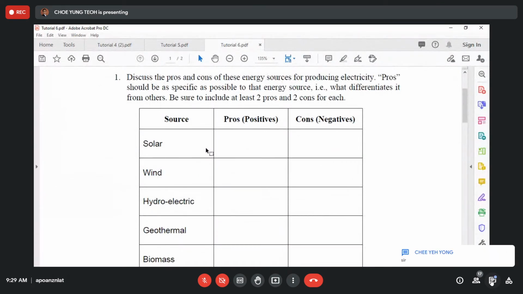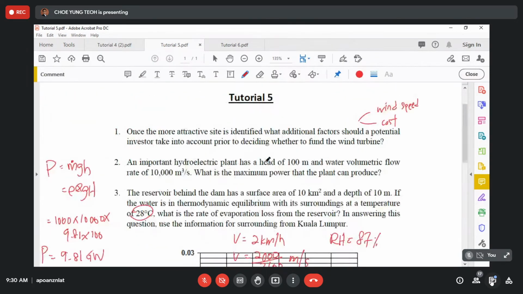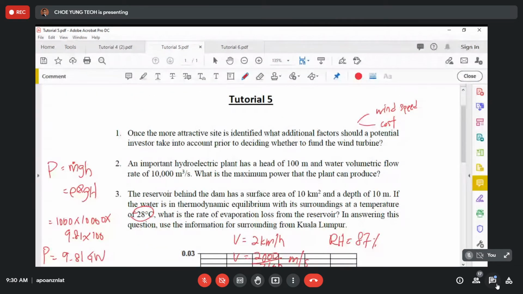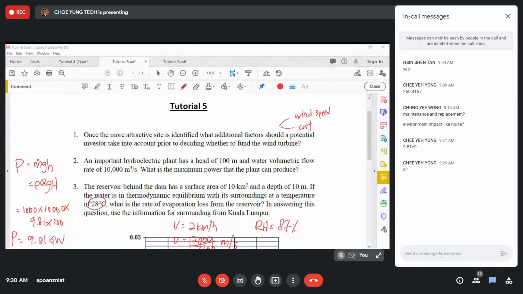Yeah, Ji, yeah. The tutorial questions that I have in the Google Classroom are a bit different from Sir's, because of tutorial 5. The question 3 is different, like what Sir discussed just now, and tutorial 5 goes until question 6. Maybe let me check. Give me some time. Tutorial 5.